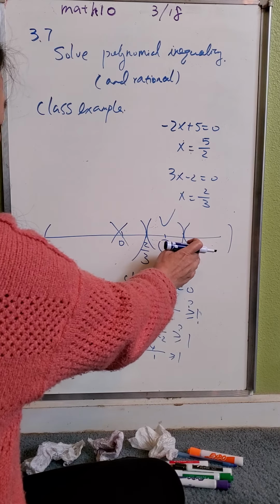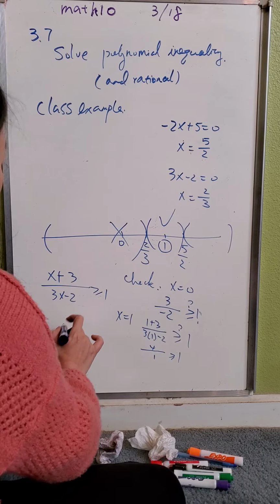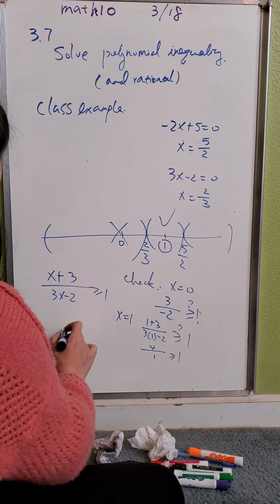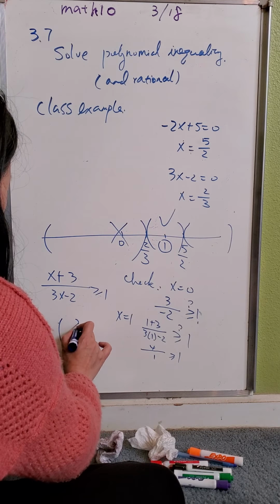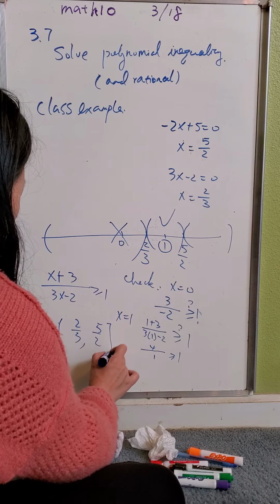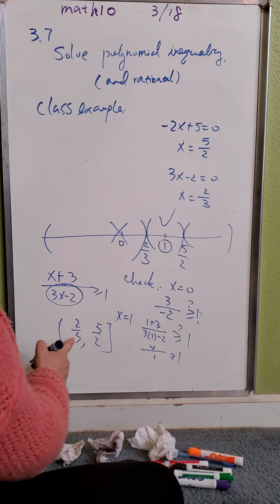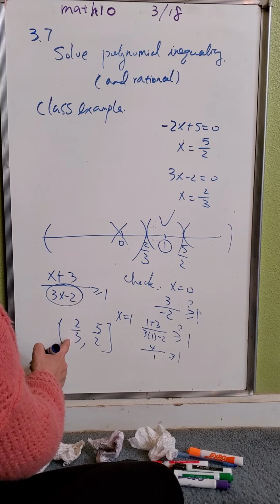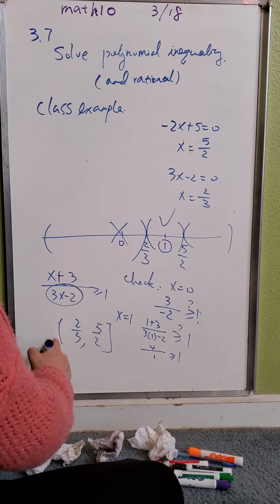So I probably don't need to check here because they alternate. So my answer will be 2/3 and then 5 over 2 and close bracket here, because this one is in the denominator. It's produced by this number here. Because it's in the denominator, you always use an open interval.